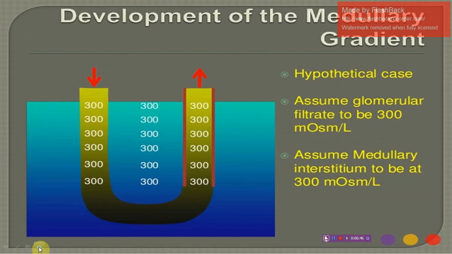Now the mechanism of development of the medullary gradient. We have to remember that the whole process, how it is explained, is hypothetical. Let us assume the glomerular filtrate to be 300 milliosmol per liter and assume the medullary interstitium to be at 300 milliosmol per liter.